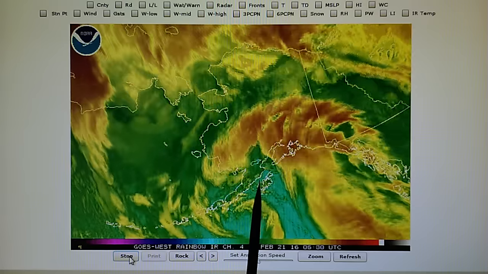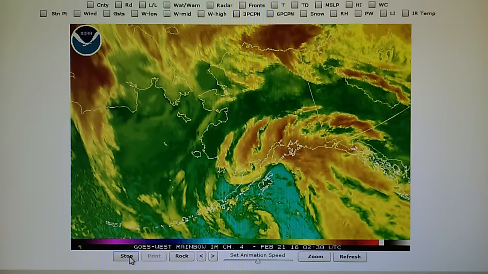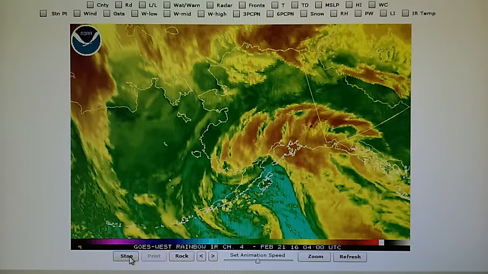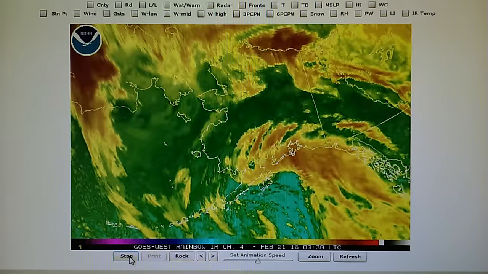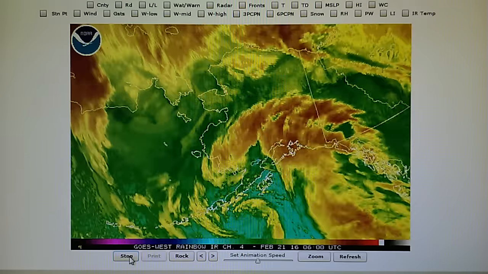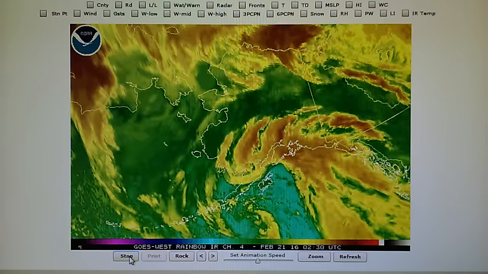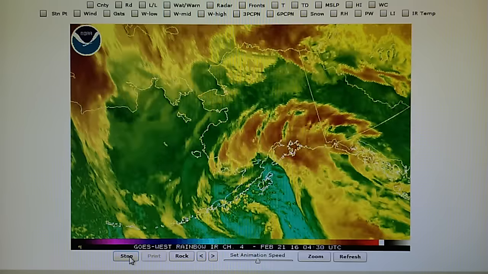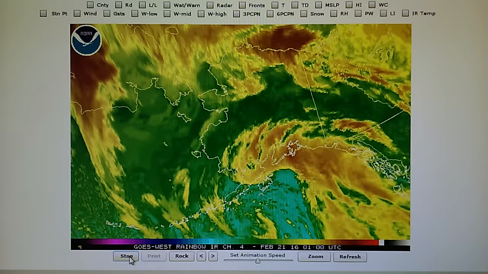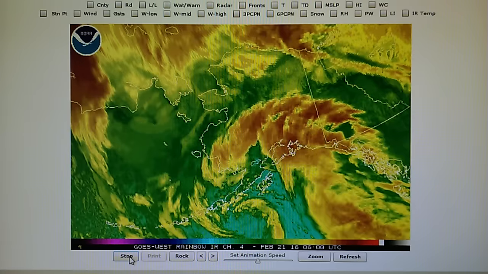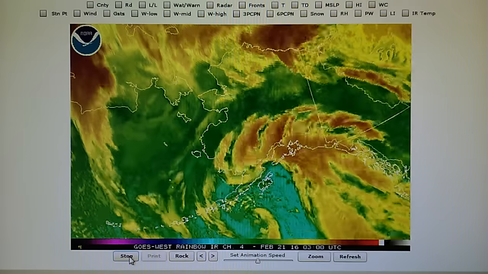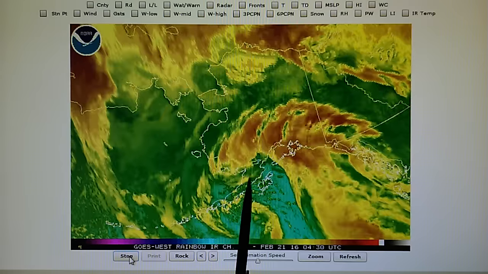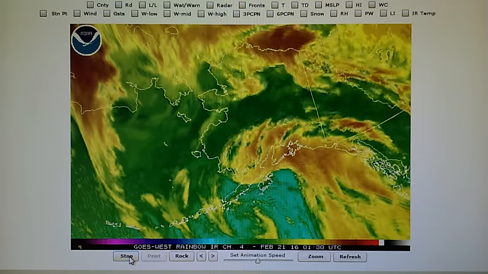There's no question about that. So again, I'd like to hear from the meteorologists and the scientists out there that explain this. There's actually no explanation for it other than the fact that it's man-made. Mother Nature doesn't create right angles in nature. Everything is round, pretty much.